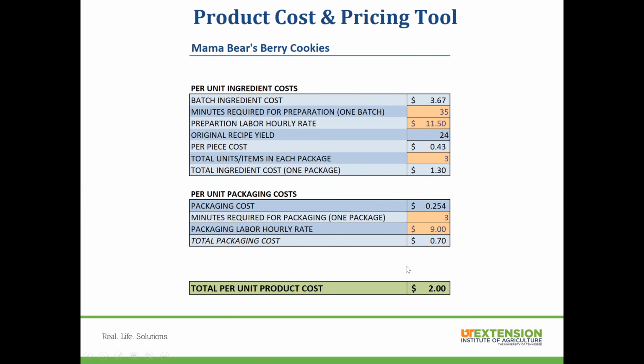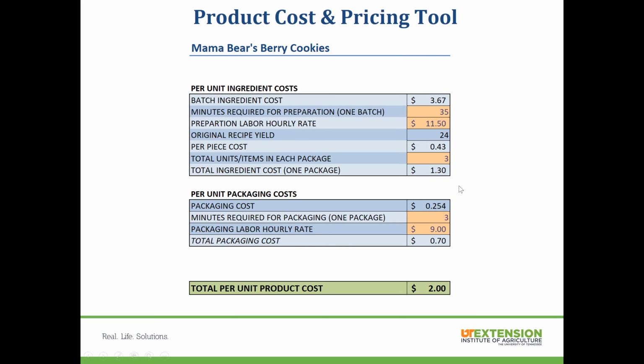All right, so now you can see that our packaging cost is 25.4 cents per unit. And we've said we want to consider the time that it takes to put them in the package and tie that ribbon together. We've timed it and it will take 3 minutes to put the cookies in the package.